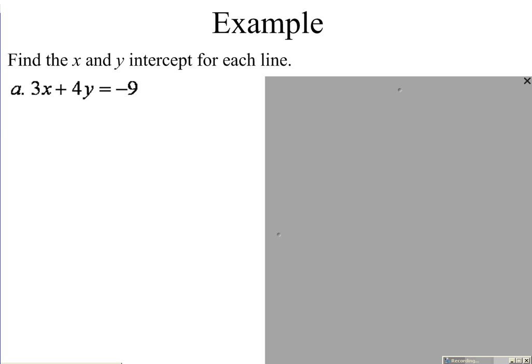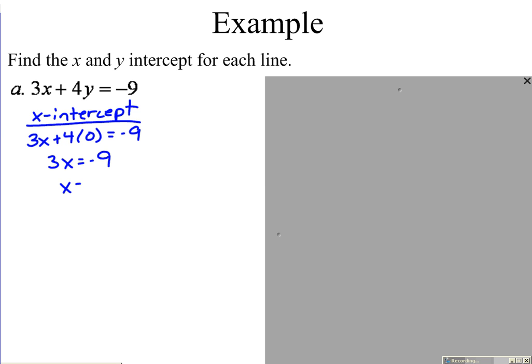Okay, find the x and y-intercept here for these two lines. Let's start with the x-intercept. To find an x-intercept, we plug in 0 for y. Divide. X is negative 3, which means our x-intercept is negative 3, 0.